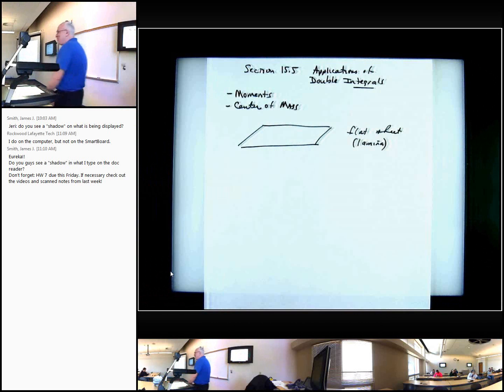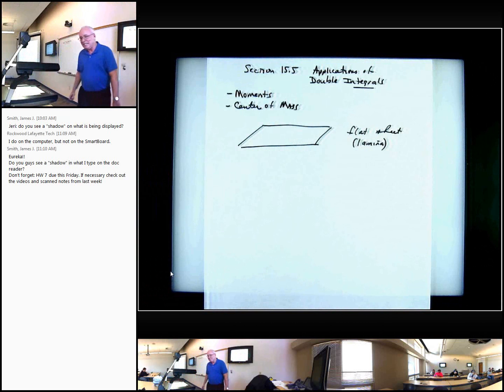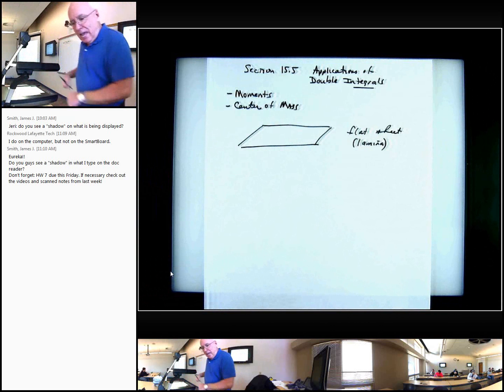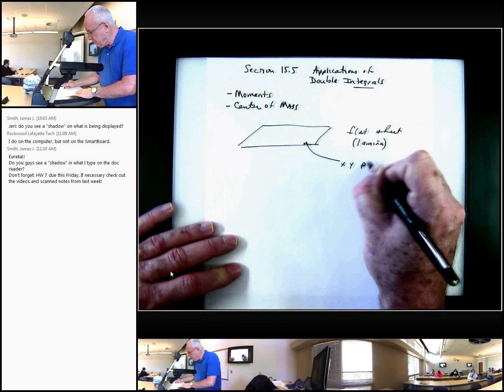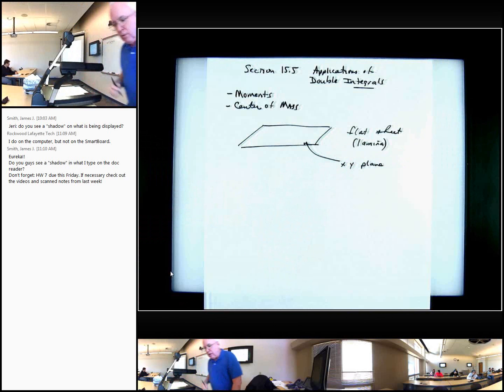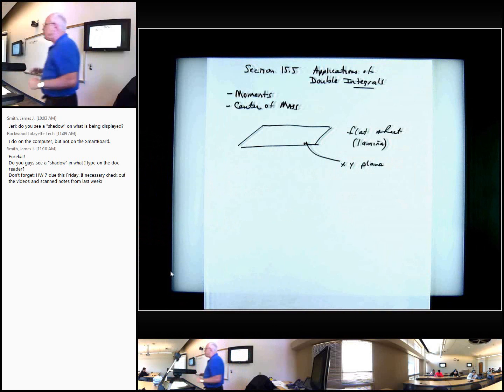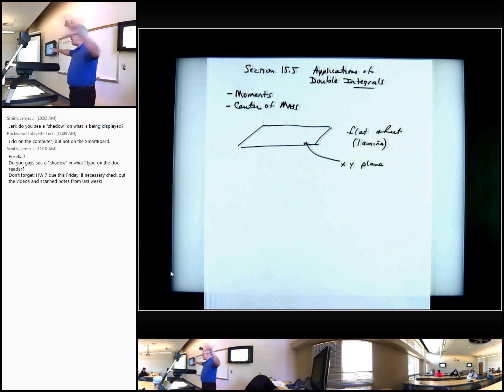So I'll go on and use this word that the text uses. And this is in the XY plane. Think of this flat sheet like a stainless steel flat sheet.